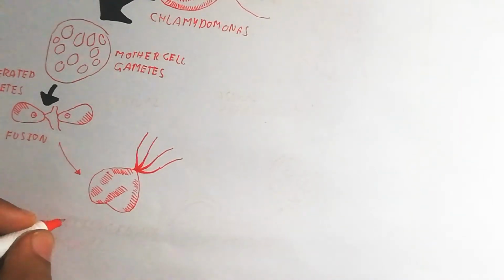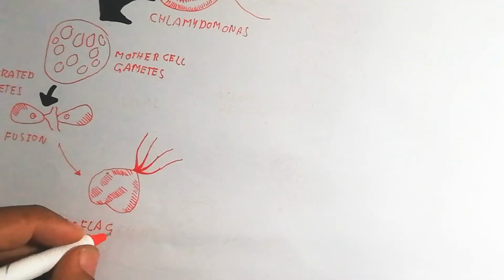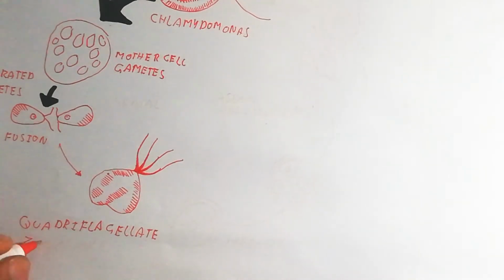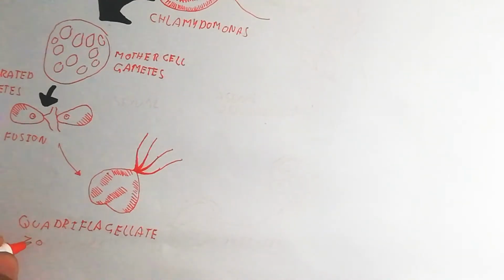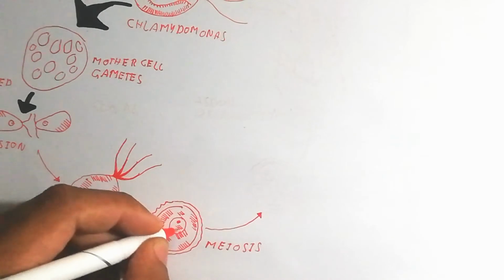So they fuse to produce, for example, four flagella by the fusion, and that is known as quadriflagellate.